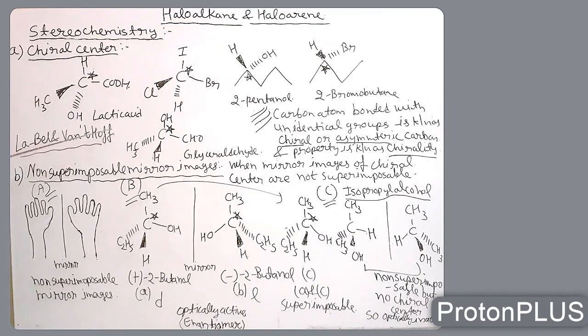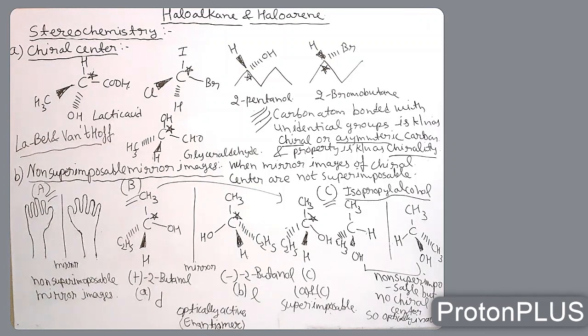In this molecule, the starred carbon is directly bonded to OH, CHO, CH3 and H. This three-dimensional structure was first observed by Le Bel and Van 't Hoff. So overall, we can conclude that when a chiral center or chiral carbon is bonded with non-identical groups, it is a chiral or asymmetric carbon, and the property is known as chirality.